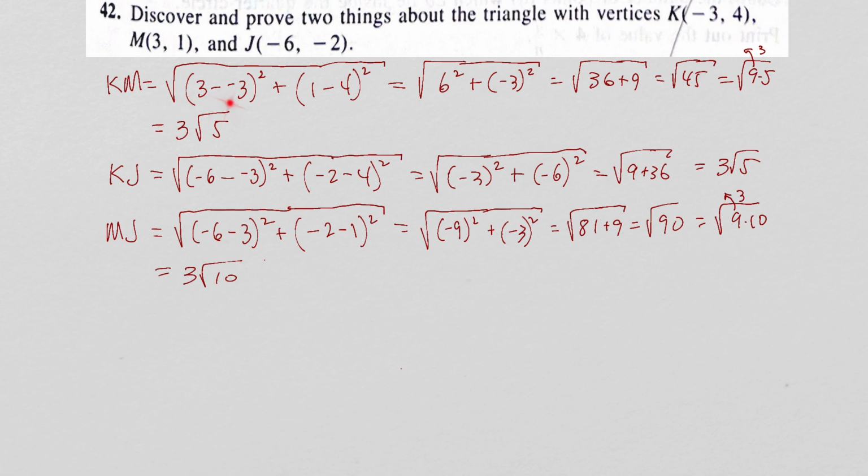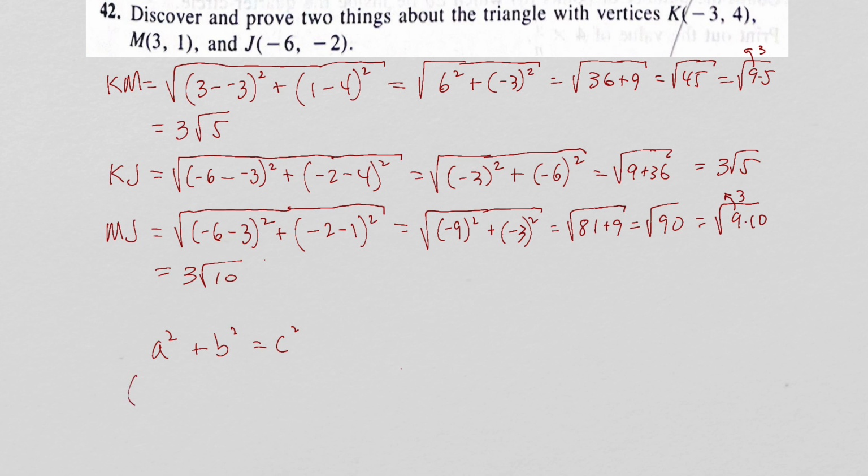Okay, now we can see that this is an isosceles triangle because 2 of the sides are equal. So one thing we know is that this is isosceles. Okay, now I think we can find that this is a right triangle as well, because if this were a right triangle, this would have to be the hypotenuse, because 3 root 10 is clearly larger than 3 root 5. So in a right triangle, a squared plus b squared equals c squared.